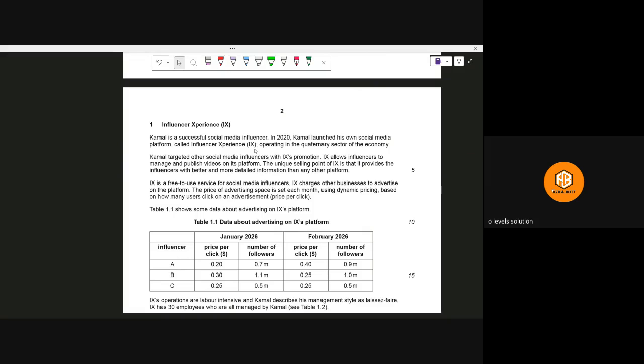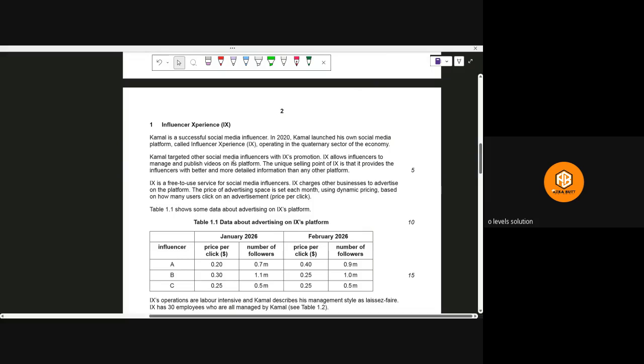If you see TikTok, there are different influencers, and the companies pay those influencers, and those influencers make different videos about their product and about whatever service they are selling. It means that somehow TikTok is also operating in the quaternary sector, since it is providing services to businesses as well. Kamal targeted other social media influencers with the IX promotion. IX allows influencers to manage and publish videos on its platform.